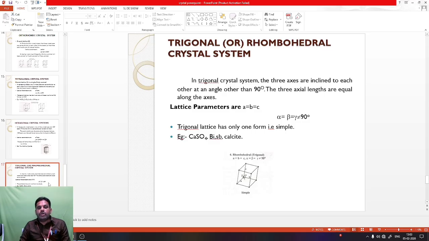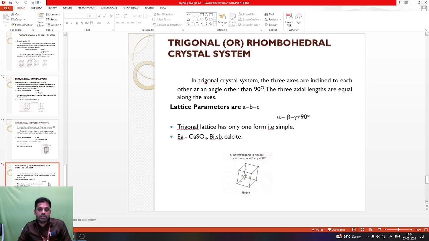And another crystal system is the trigonal or rhombohedral system. In this system, alpha and beta are equal, but gamma is not equal to 90 degrees. That means less than 90 degrees. So it is leaned on one side only. But the A, B, C values are equal. It looks like a cube. So A, B, C are equal.